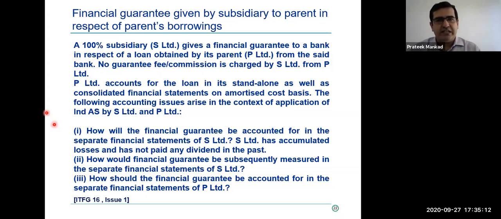It has not charged any commission, but it will have to calculate the imputed commission and recognize this as a notional distribution. So the basic accounting that this entity would have done is they should have received a fee. So they will set up an unearned income, which will be amortized over the period of the guarantee. So the credit goes to the unearned commission on day one, but the debit goes to capital, which will be a deemed distribution by the subsidiary to parent.